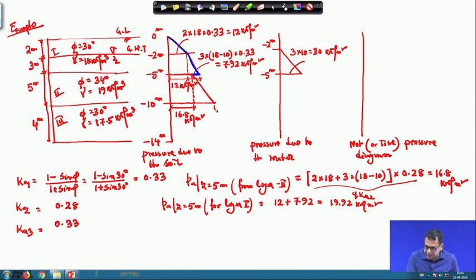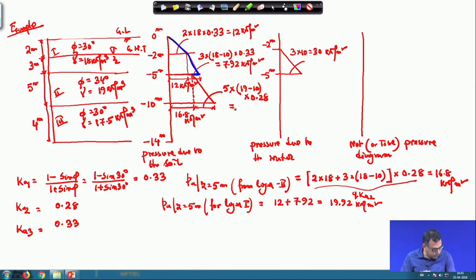That value is gamma, unit length is 5 meter, unit weight 19 minus 10, and then into 0.28.